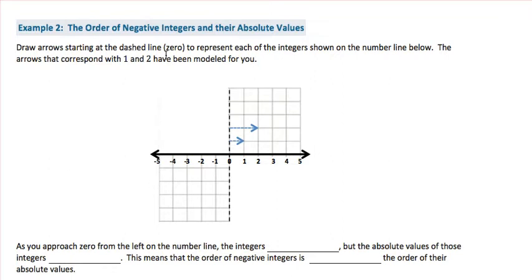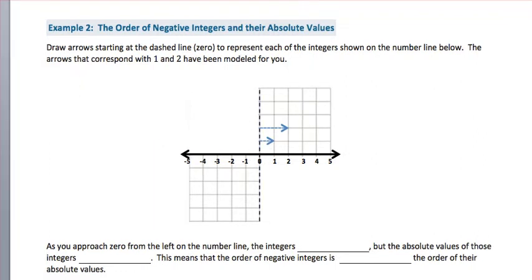So if we draw arrows starting at the dashed line, which is our 0, and represent each of the integers, then, for example, if we were going to represent 3, we would start at 0 and go to 3.